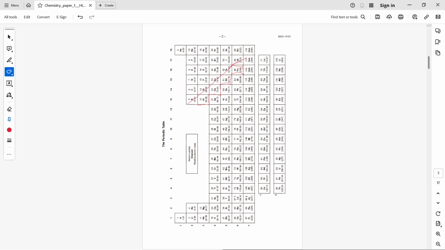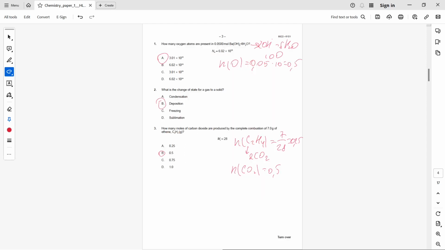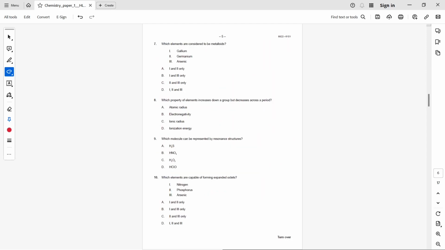And this is like the upper bound. So those 2 elements are metalloids and gallium is not. So the option is C. For the next question, it's atomic radius.